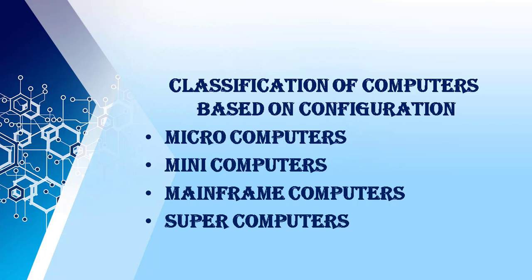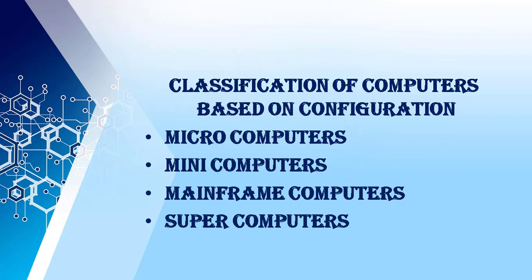Desktop computers are designed to stay in one place. Portable computers are small and can be carried from one place to another easily. Examples of portable computers are laptop, notebook, tablet, etc.